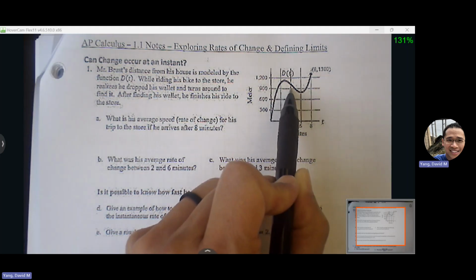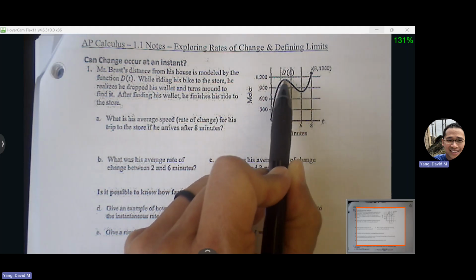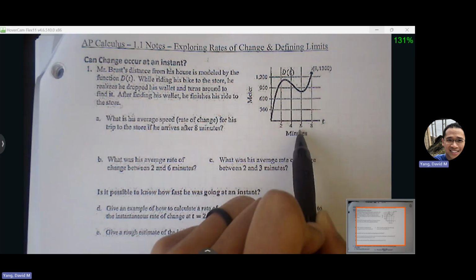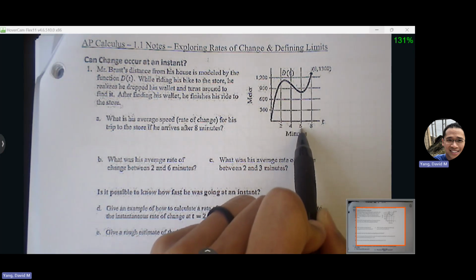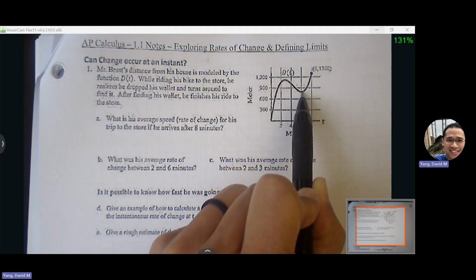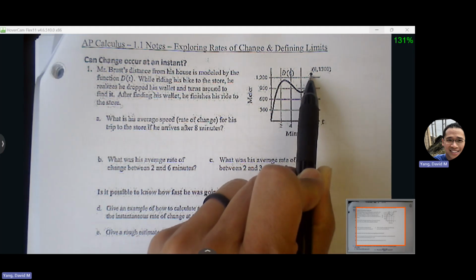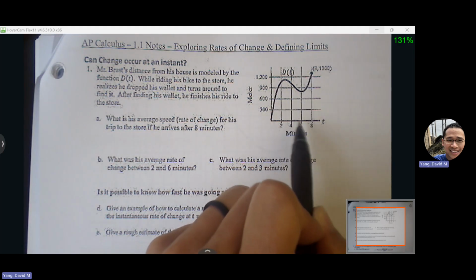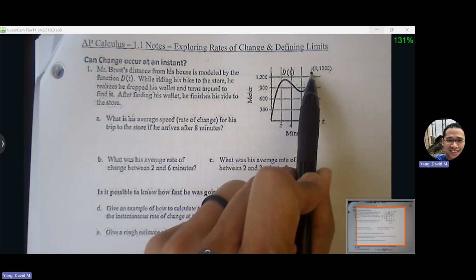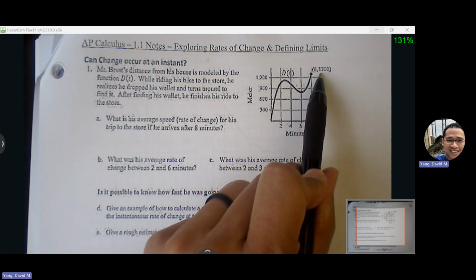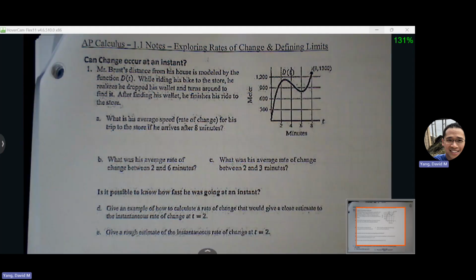And the distance gets closer because he's backtracking along his path. And then we can probably estimate, around 6 minutes is when he finds his wallet, because he's able to pick up his wallet and continue his ride away from his house. So most likely he reaches his destination at 8 minutes, 1,300 meters away from his house.